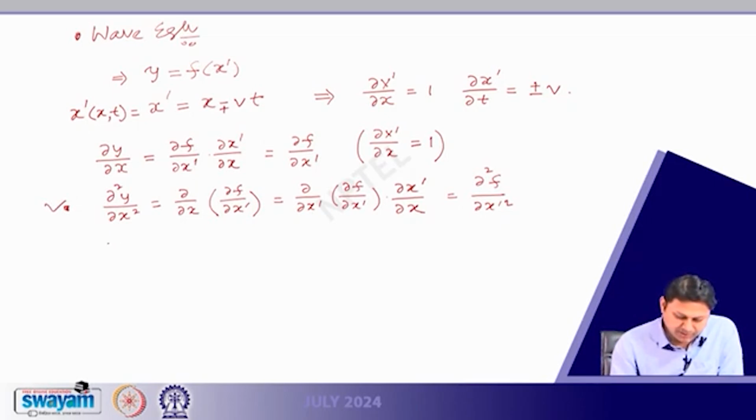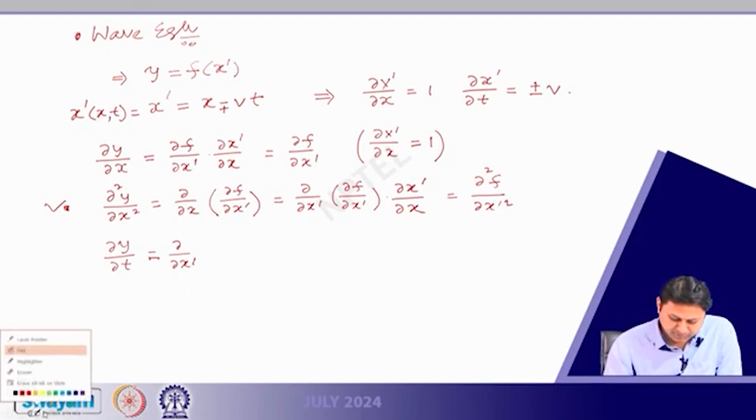Another thing I can do is make a time derivative, because another variable, time, is there. So dy dt is essentially dx prime of f and then dx prime dt.